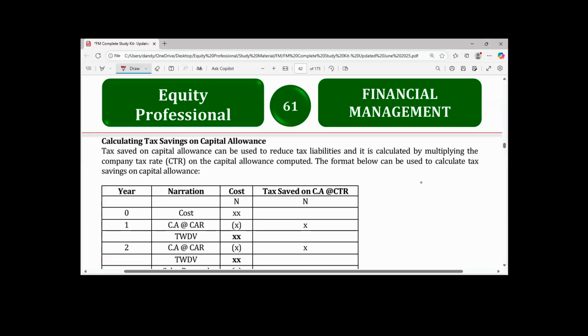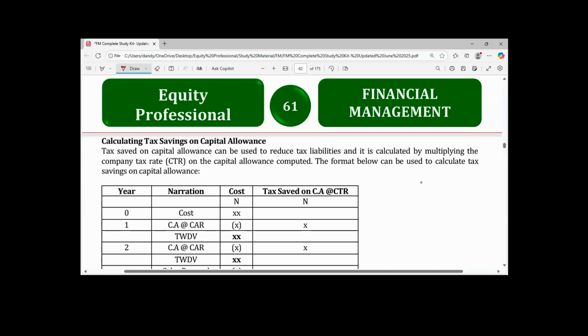Then next, we dissected the methods of project evaluation, including the net present value, internal rate of return, modified internal rate of return, project duration, discounted payback period, the normal payback period, as well as the accounting rate of return.